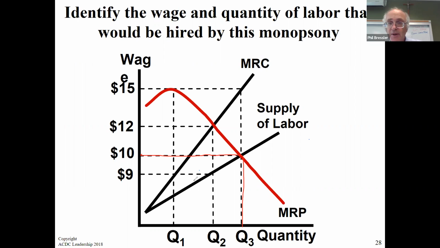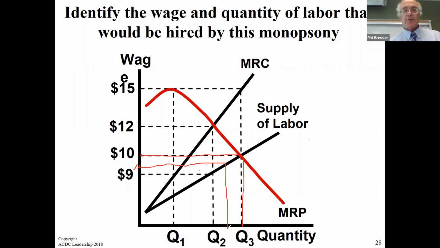I put it at 10, but even if I drew it at kind of 9.50, it would stop here because that would be how much the supply of labor would be, even though the demand would be greater, it still would be greater than Q2.